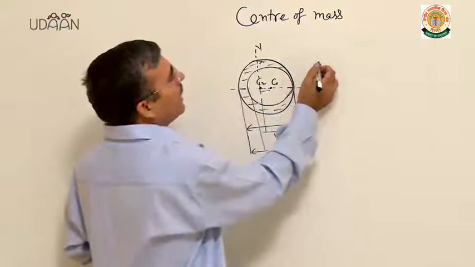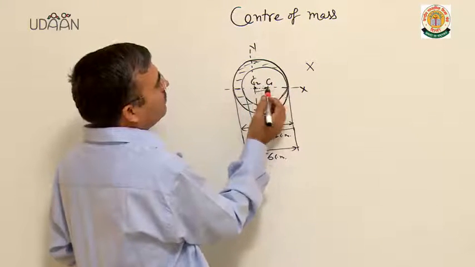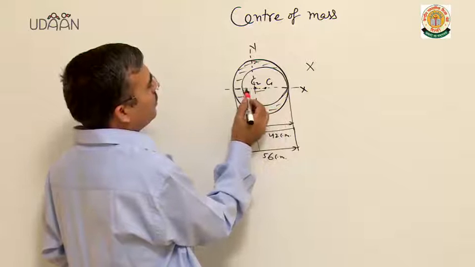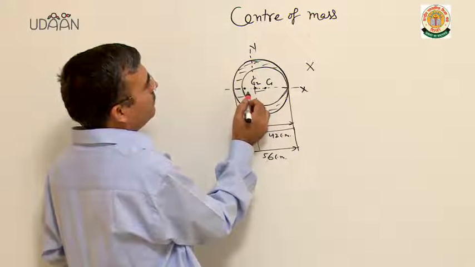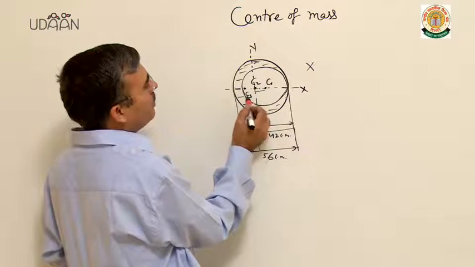So x com, center of mass, will shift this side of the residual part.